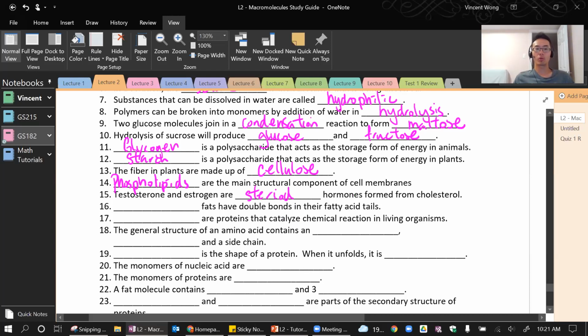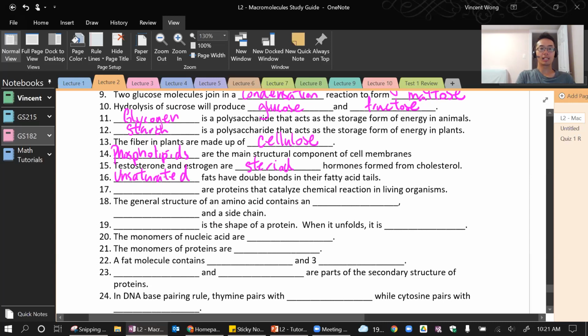There could be steroid hormones and there could be protein hormones, right? Double bonds in the fatty acid tail, that would be the unsaturated. That is the healthier form of fats. If you have to chuck down some fats, you would want to choose unsaturated fat. Proteins that catalyze chemical reactions in living organisms are enzymes.